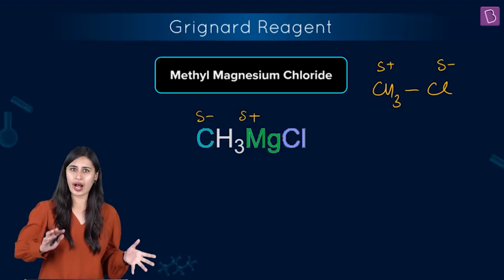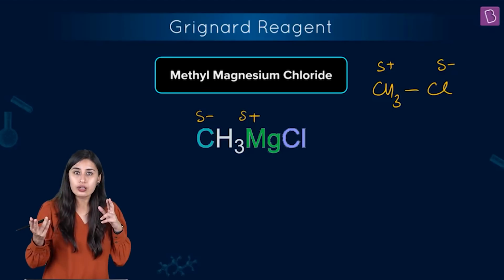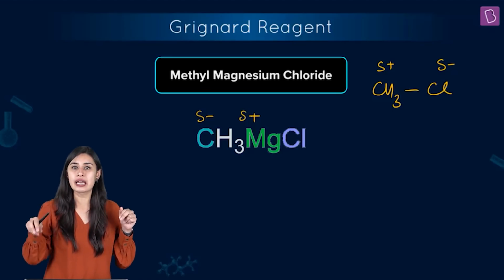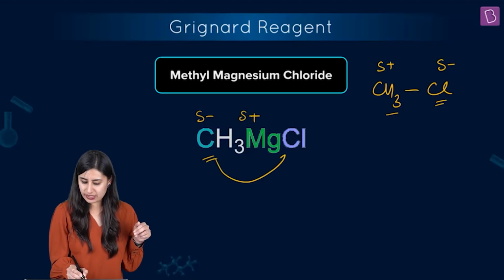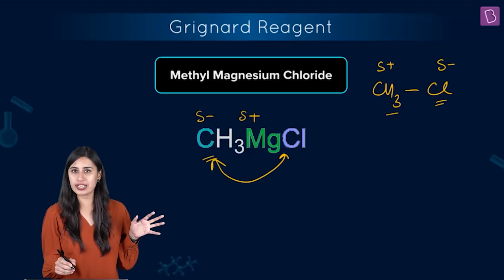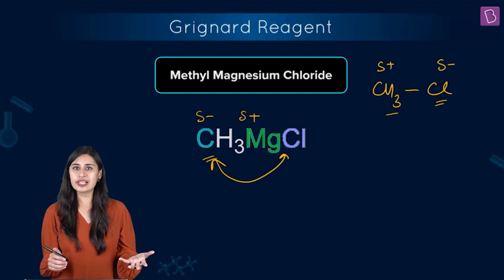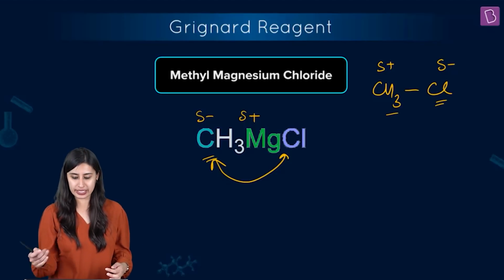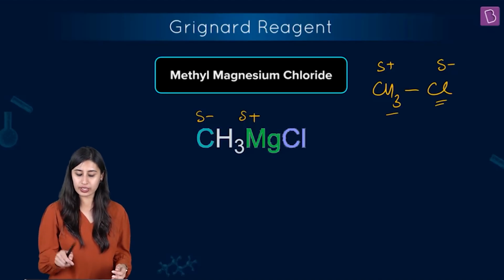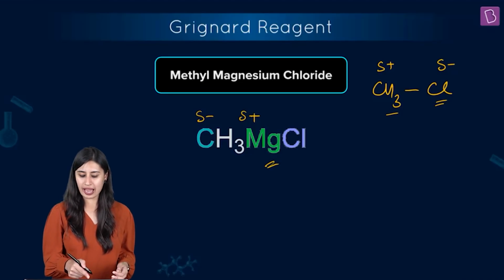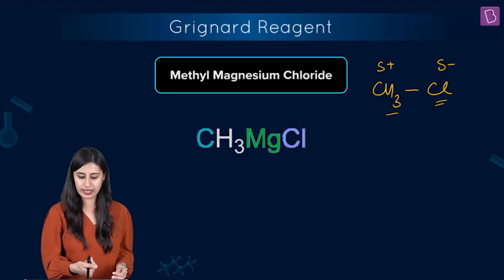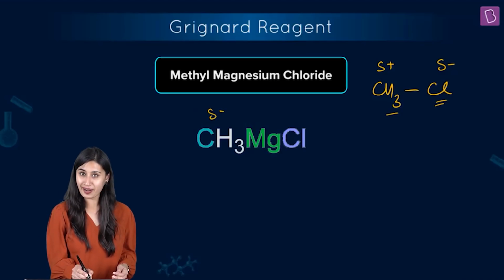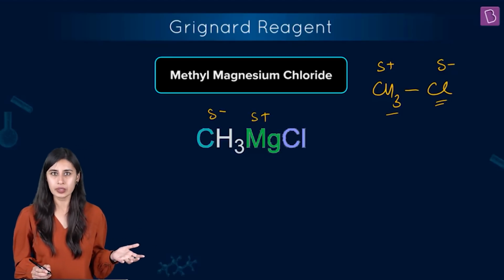Do you understand why this becomes very important? Is when carbon is attached with halogen. If this was the chemistry being talked about, CH3Cl, carbon was electropositive and chlorine was electronegative. But now that we're talking about magnesium here attached with methyl, of course, what we are talking about now is carbon attaining a minus, whereas magnesium is, of course, plus, right?